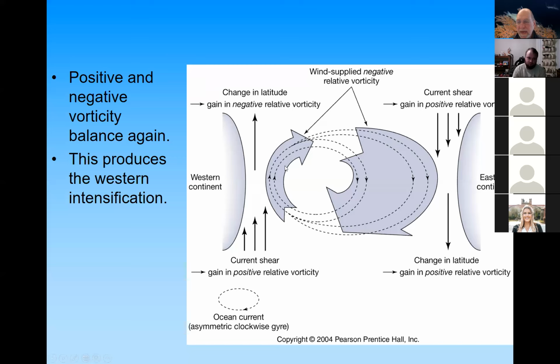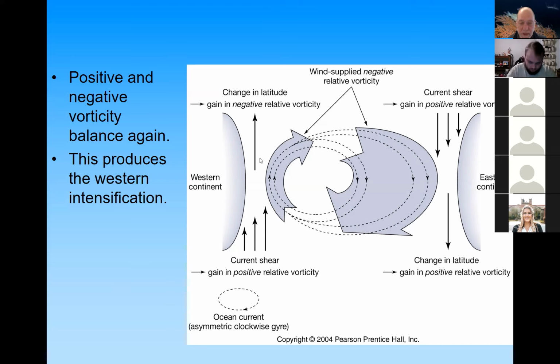So we understand that any kind of flow is going to experience a deflection due to Coriolis, and that deflection is going to be greatest in the higher latitudes.